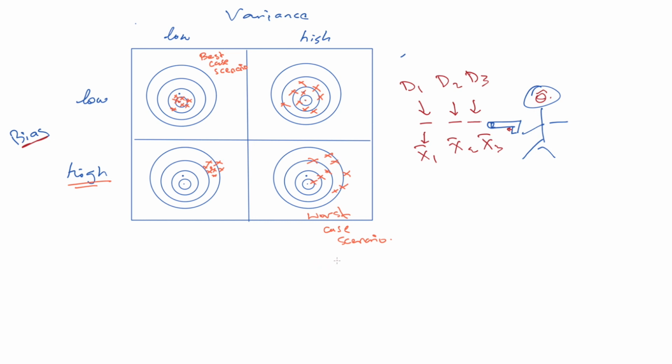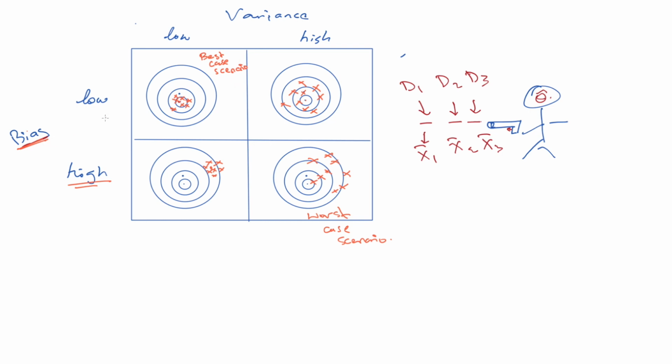and I want you to keep this in mind when we look at the examples that I'm going to go through. But it turns out that it's not really simple. Low is the best case scenario, but it's not very simple to actually get an estimator that's really low in both, because there's actually a trade-off between the bias and variance, meaning that when I decrease bias, variance increases, and when I decrease variance, bias increases.